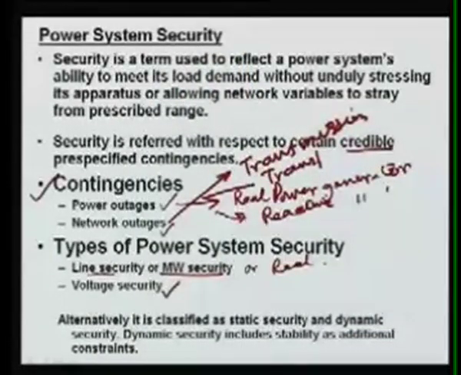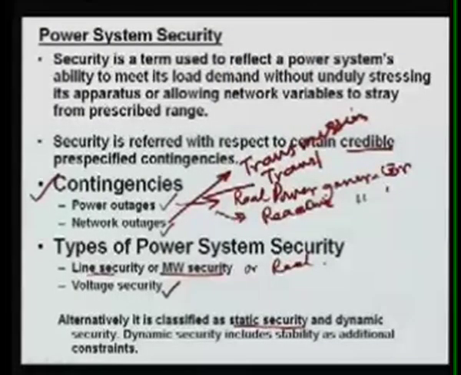This power system security can also be classified into two different broad categories. One is called static security and another is dynamic security. Dynamic security basically includes stability as an additional constraint. In static security, we only go for the steady state constraints, and constraints are nothing but your equality constraints as well as inequality constraints.